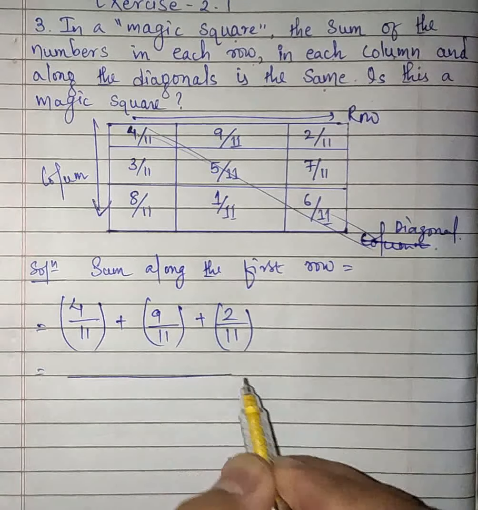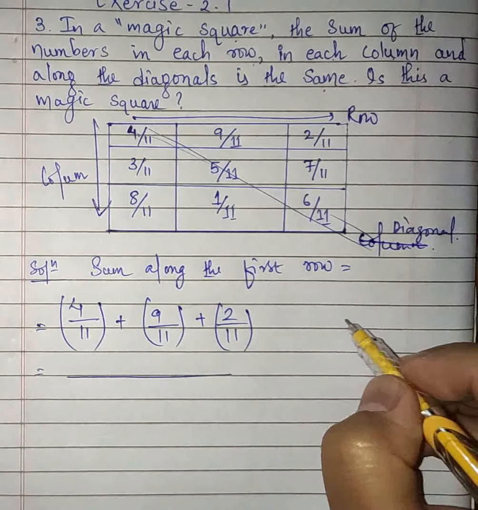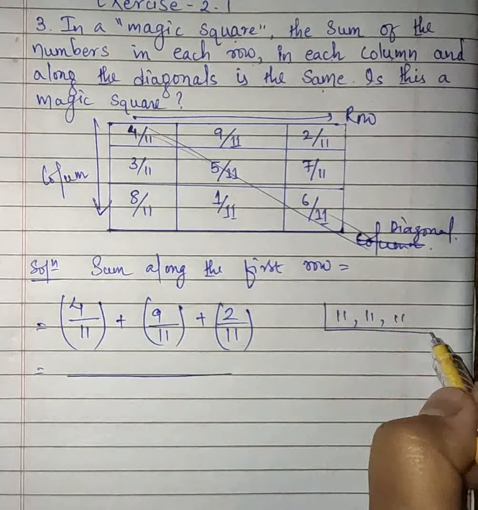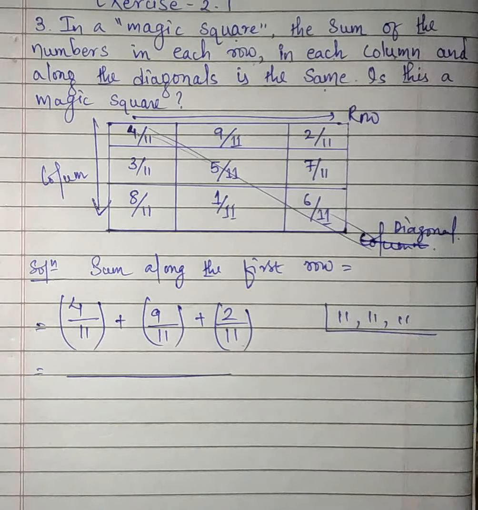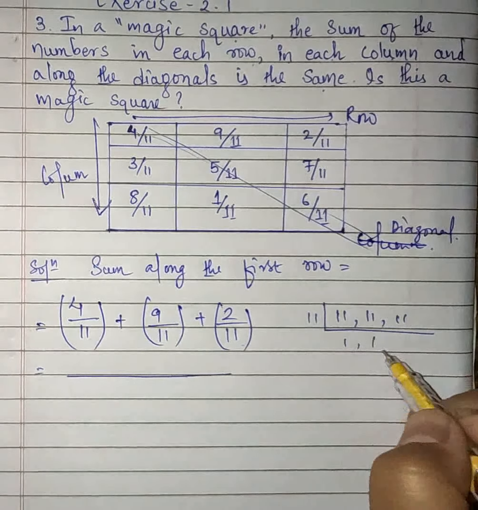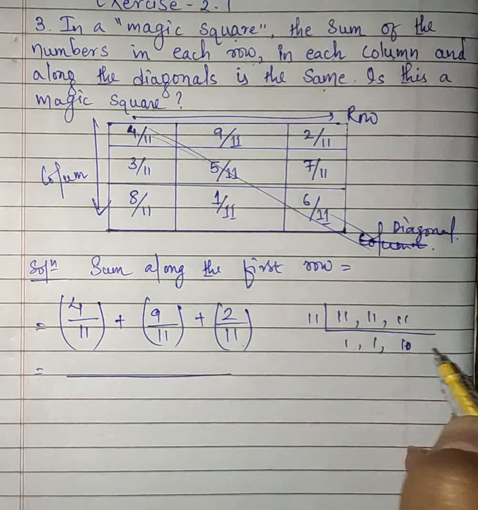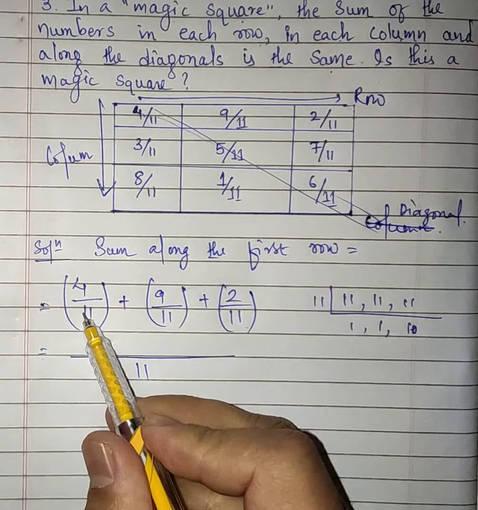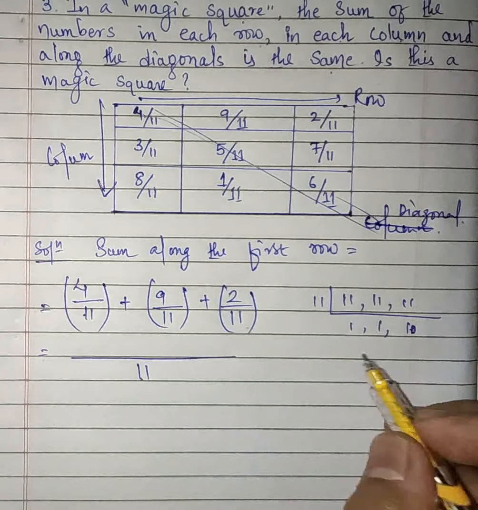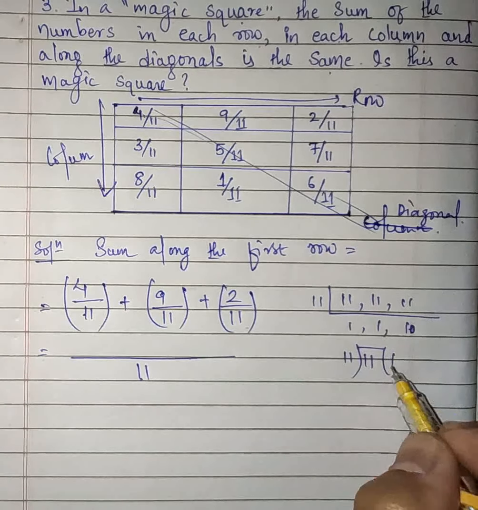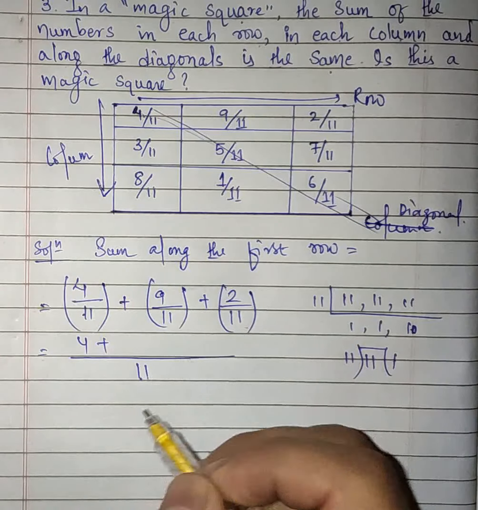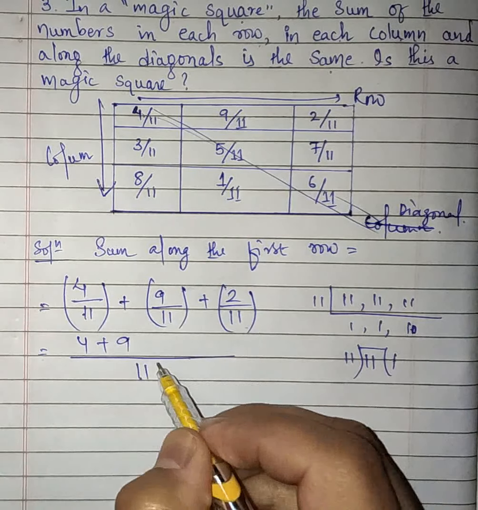Here, first we have to find the LCM of the denominators. All the numbers are the same, so we get one number, that is 11. So our LCM is 11. Our next step, divide the LCM by each denominator. 11 by 11 is 1, so 1 into 4 is 4, plus 11 by 11 is 1, and 1 into 9 is 9.